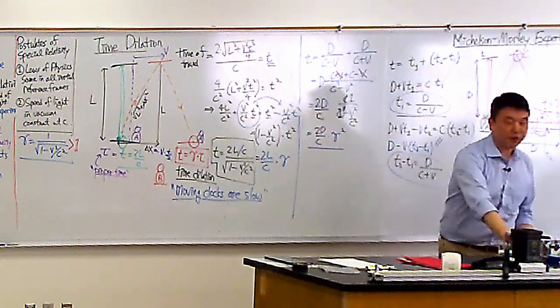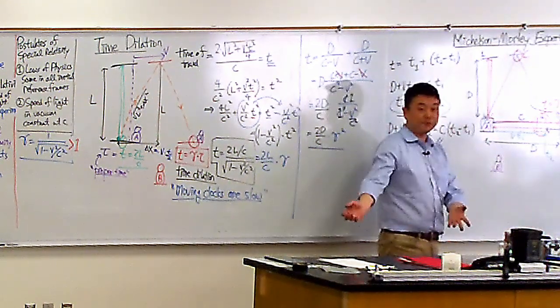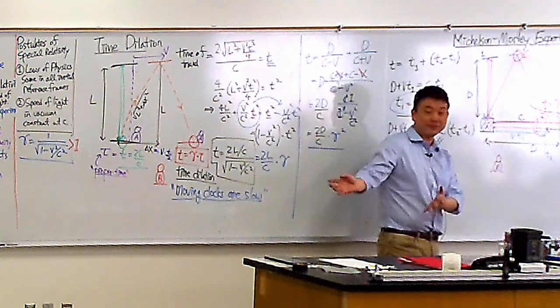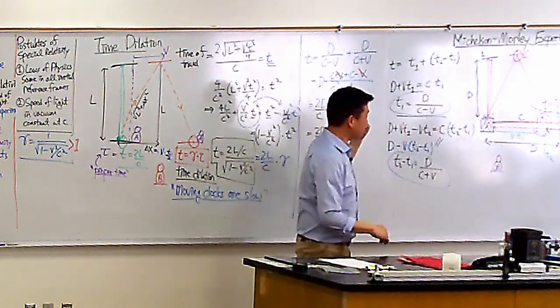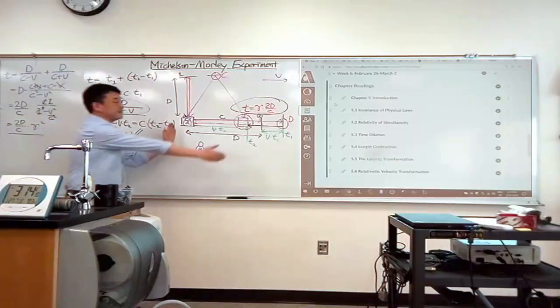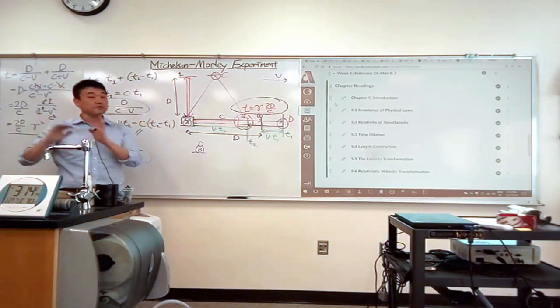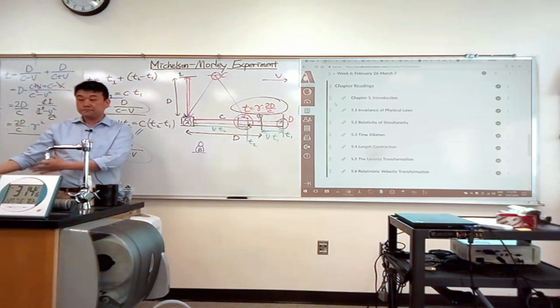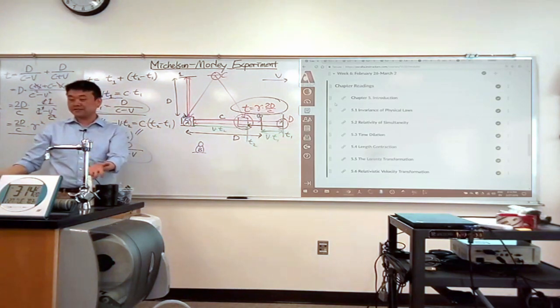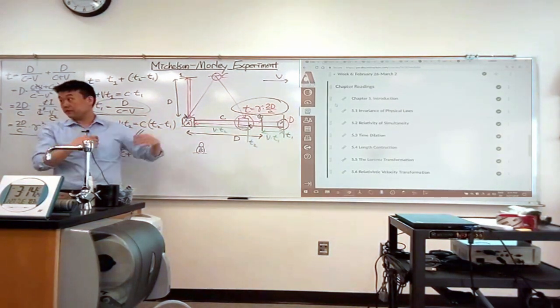You know what Sherlock Holmes said: once you eliminate the impossible, whatever remains, however improbable, must be true. So no law of physics tells you that this length must be the same in all inertial reference frames. That's what our intuition says, but I told you from the beginning, your intuition is wrong. There's no law of physics that says the length does not change in different inertial reference frames.